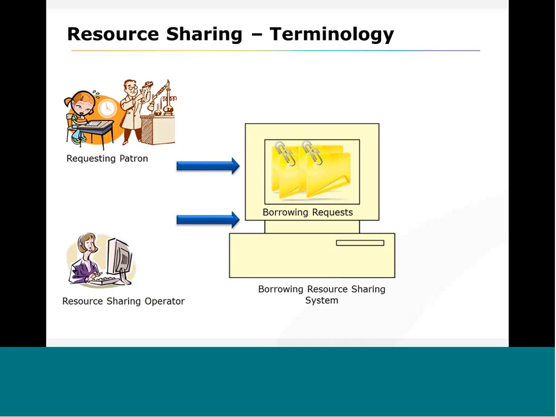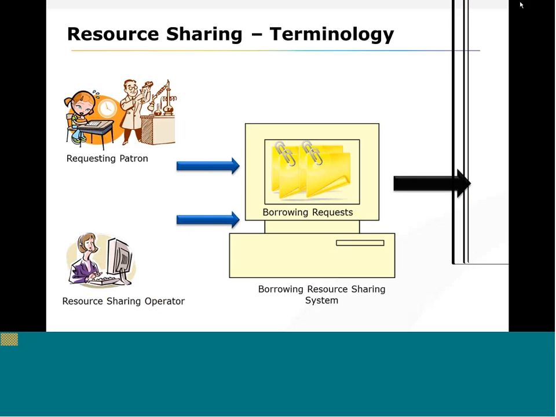In principle, it would be best if the resource sharing operator would not be needed, if the request could be fully automated and the requesting patron would be able to just submit the request and just get the resource without any resource sharing operator work being done in between. But in reality, of course, many times the resource sharing operator is needed in the process and is going to be interacting with the system to help the request get to its required destination.